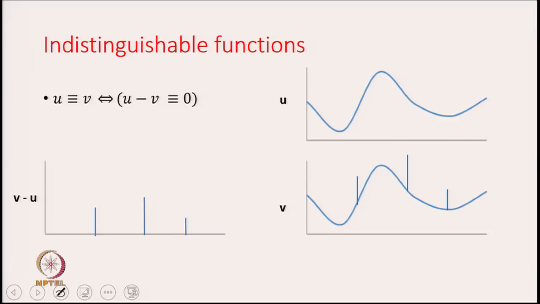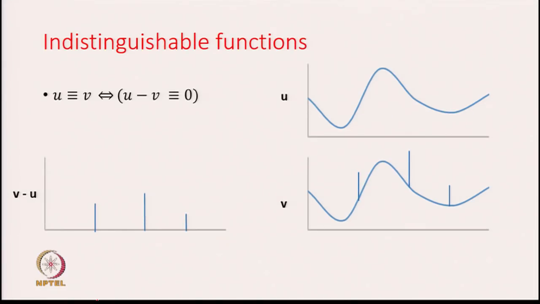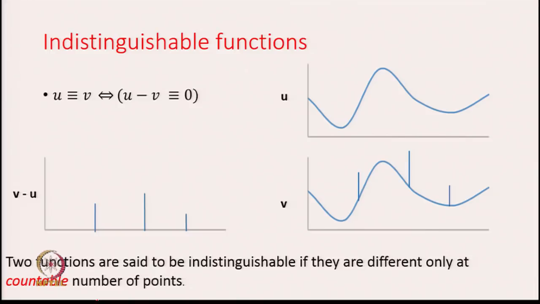What you are going to get is a function like this on the subtraction of u with v. Now, this is like an all 0 signal, because passing this through an integrator is going to give you a 0, right. So, these two functions are indistinguishable functions, you cannot distinguish between the two of them, right. More precisely, we can define indistinguishable functions as the functions which are different only at a countable number of points.